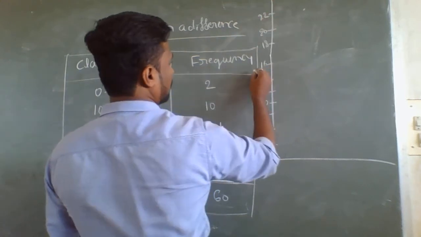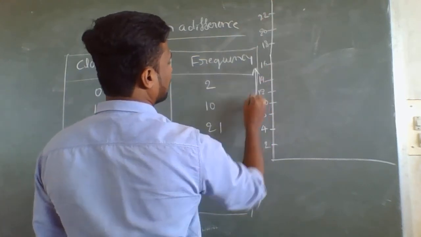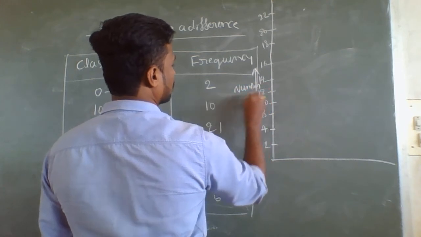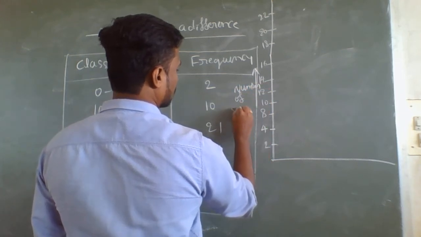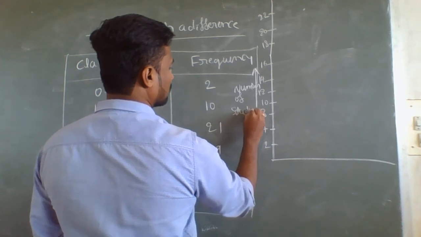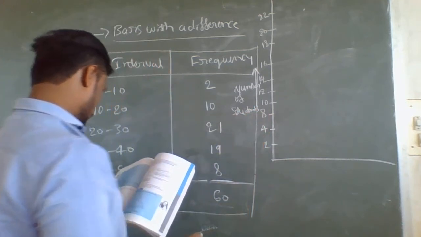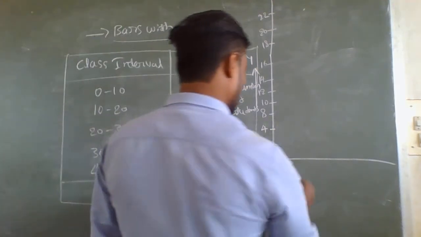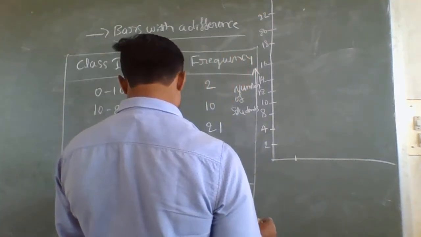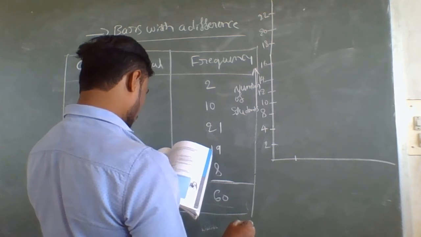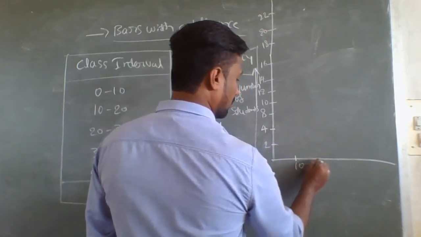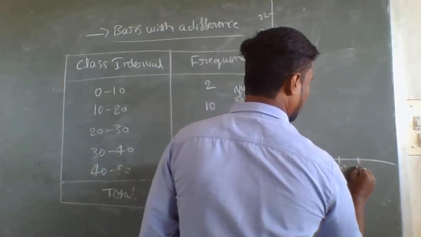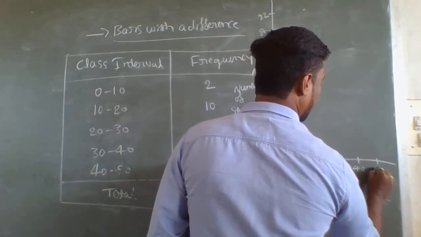And this axis indicates the marks of the students: 10, 20, 30, 40 and 50.